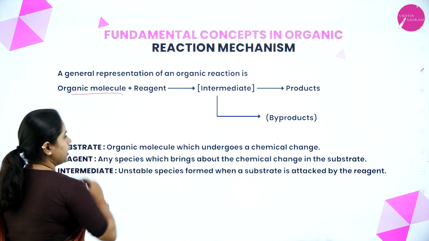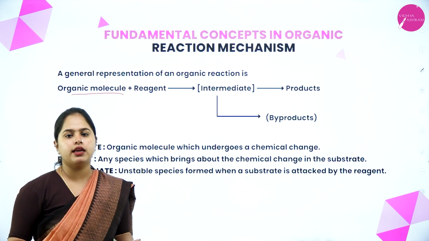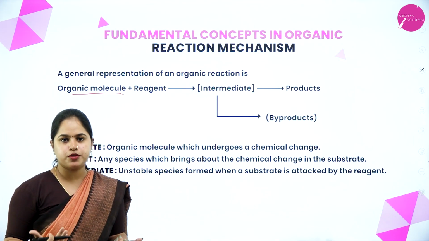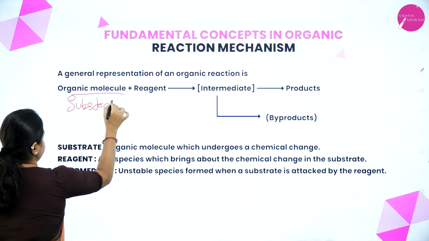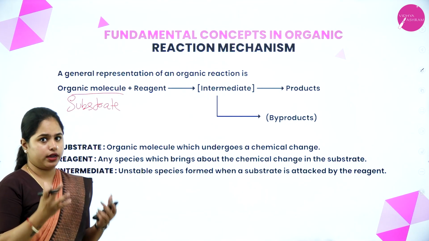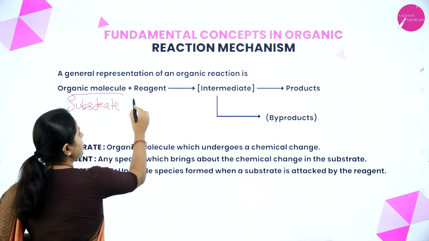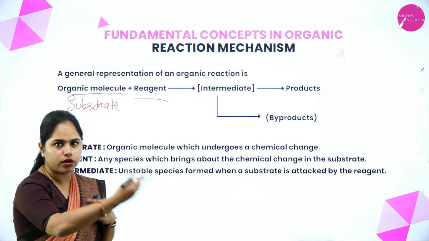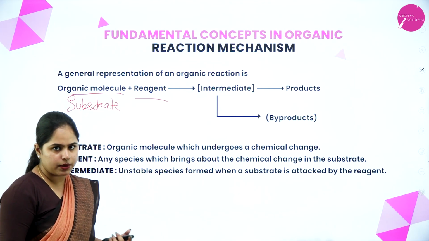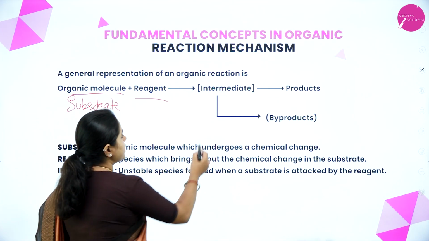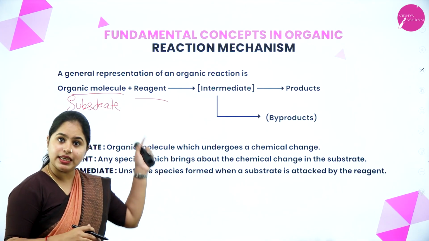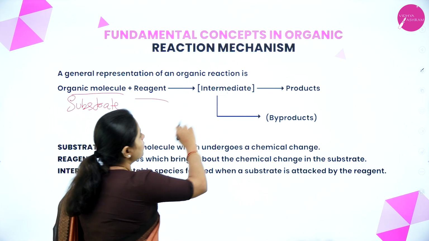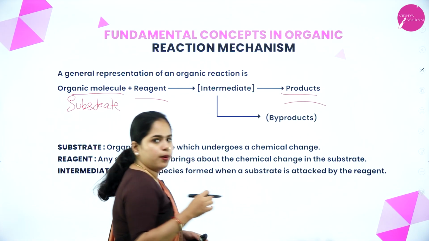There will be an organic molecule. We are studying organic chemistry, right? So generally we can also call it a substrate. Yes, there will be some reagent. It has to react with something, right? So there will be certain reagents and you will get an intermediate state, which is unstable. From the intermediate state you will get the products.